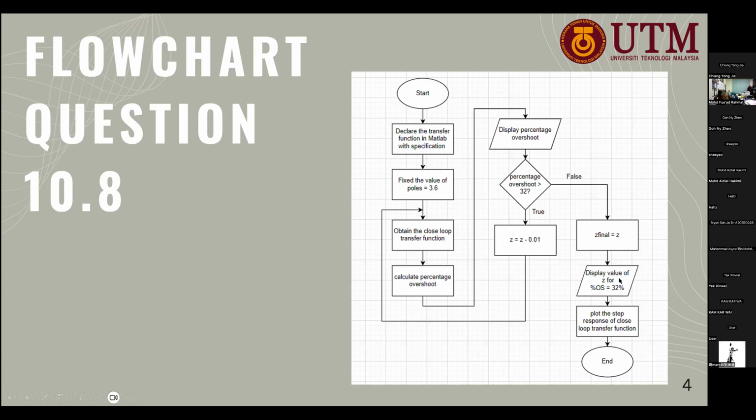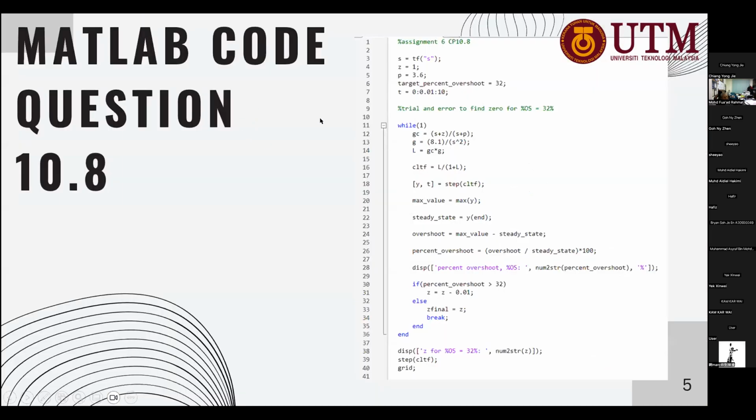And then we will display the Z for overshoot 32%. And then we plot the step response of the closed loop transfer function. And then we end the program. So this is our MATLAB code. At first, from line 3 to 7 we do initialization.